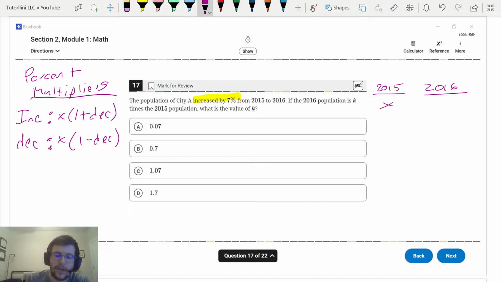Geometric would be like 2, 6, 18, 54. See how that's getting multiplied by a constant amount? So times 3, etc. And this one is plus 2, plus 2, plus 2.